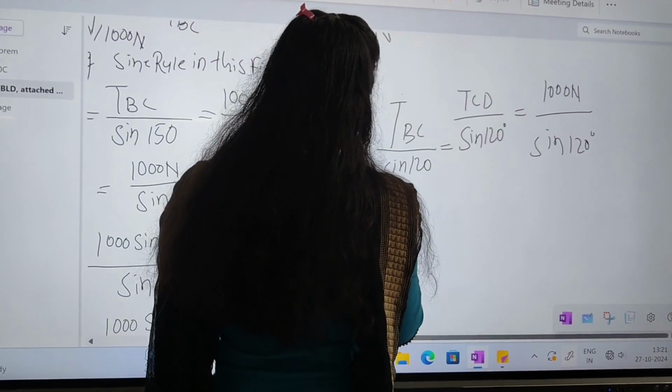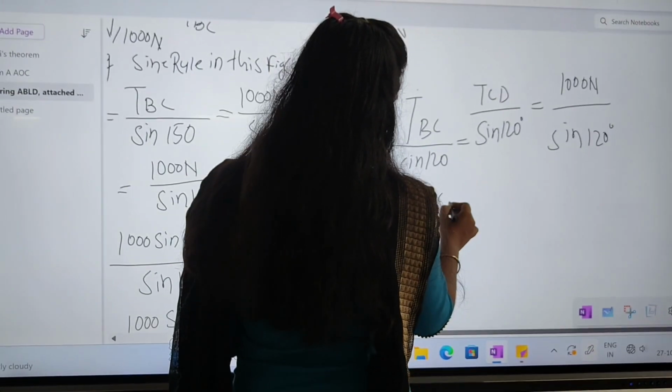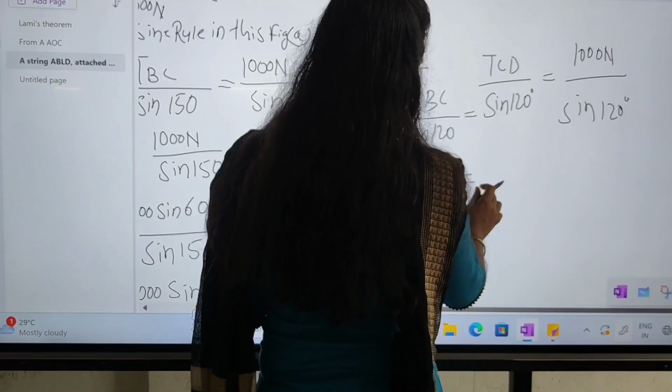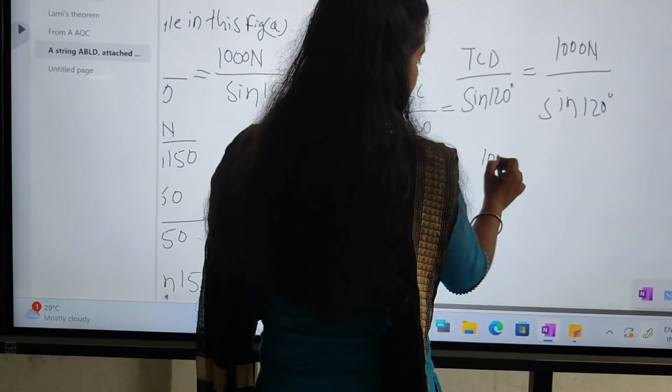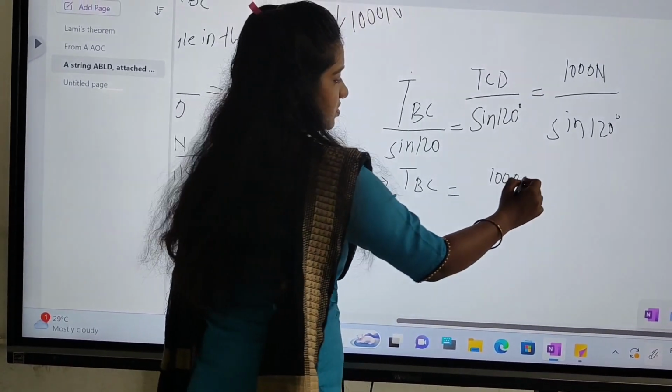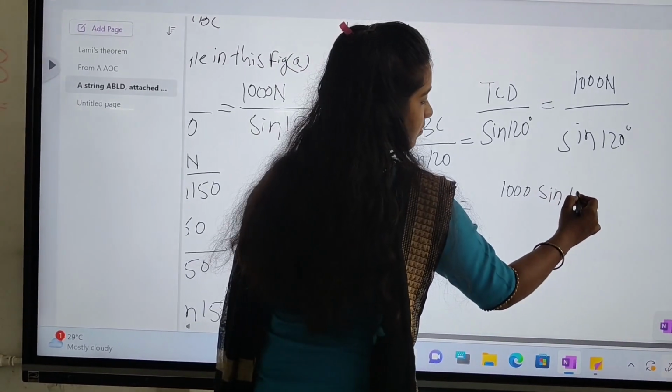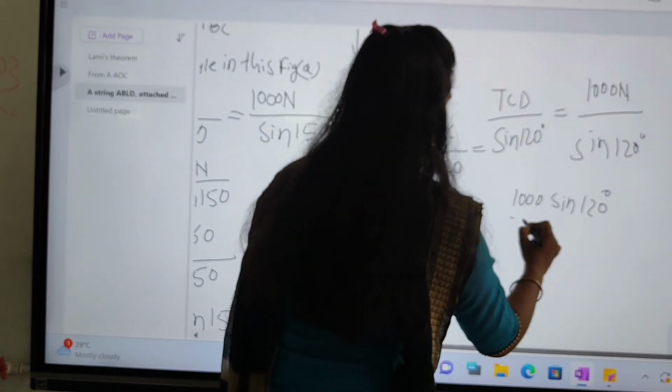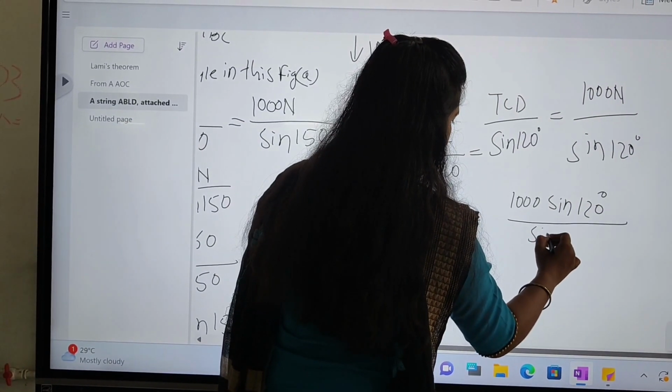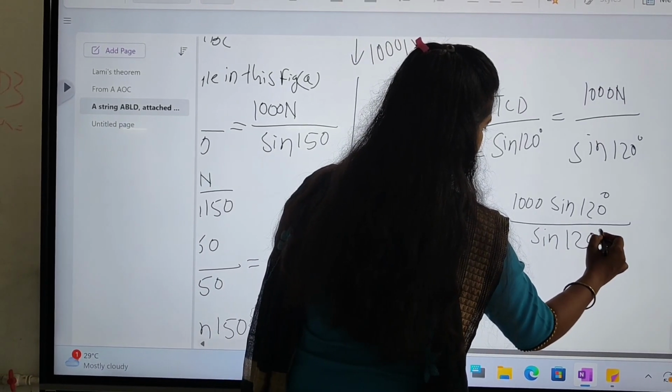Next, we find TBC equal to 1000 sine 120 degree divided by sine 120 degree.